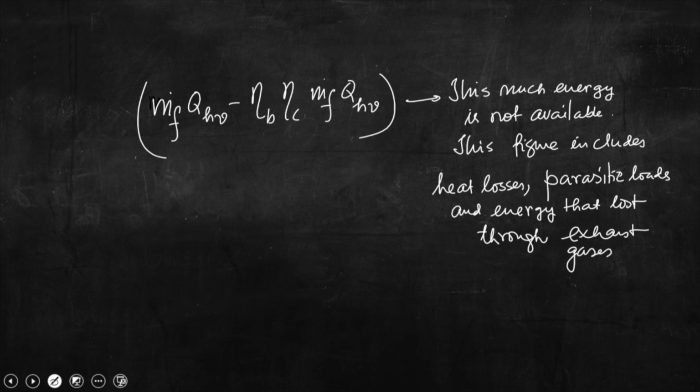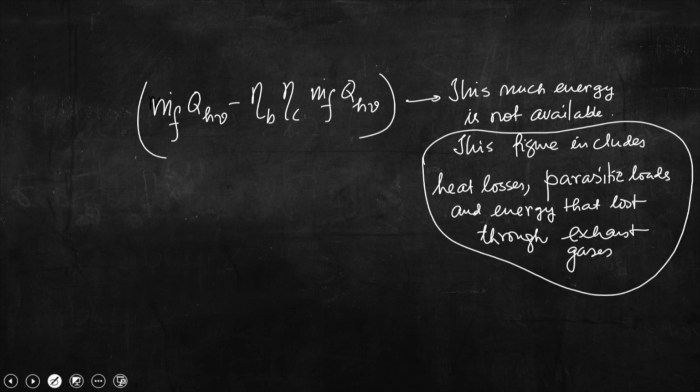Okay. So, this is the figure. That means these are the losses, not available.